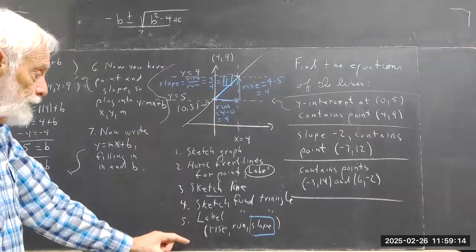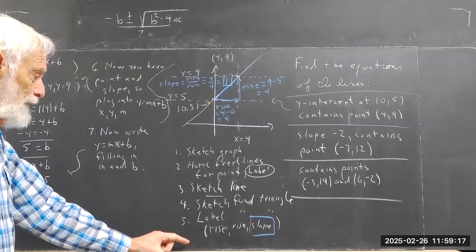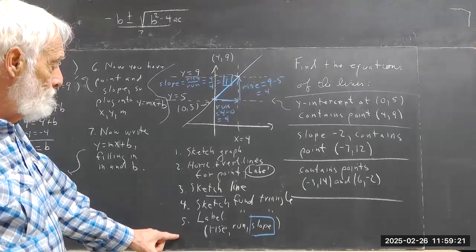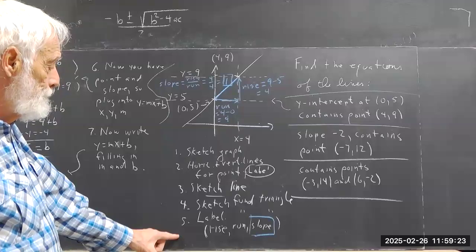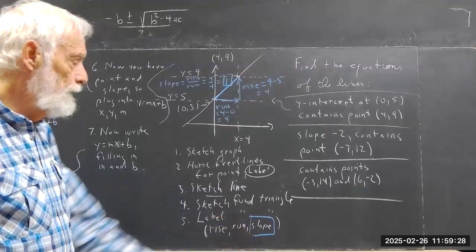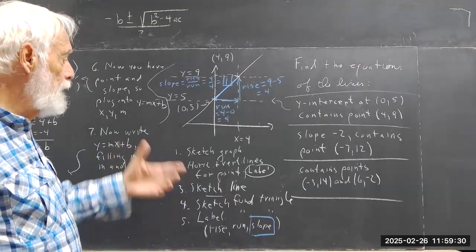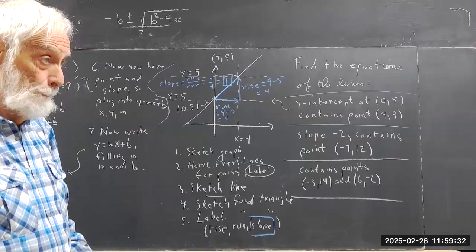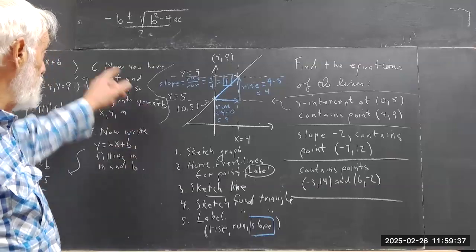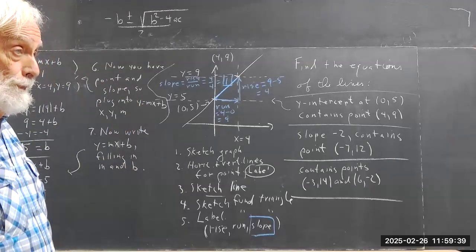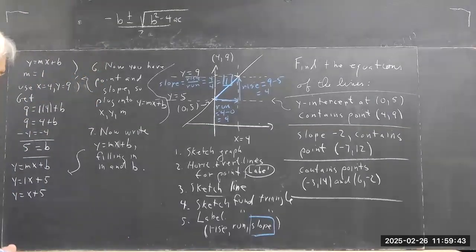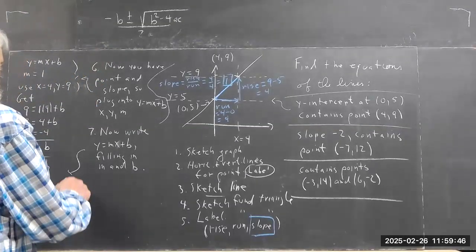But after you've done the sketch and label everything, you can't really do step 5, because you don't yet know what the y-intercept is. You don't yet have 2 points. So what you do is steps 1 through 3 and skip step 6. I'm going to make a note of that here and then we'll do it.